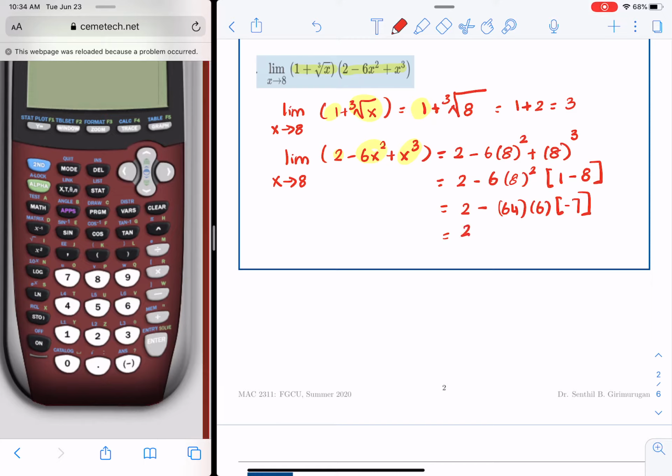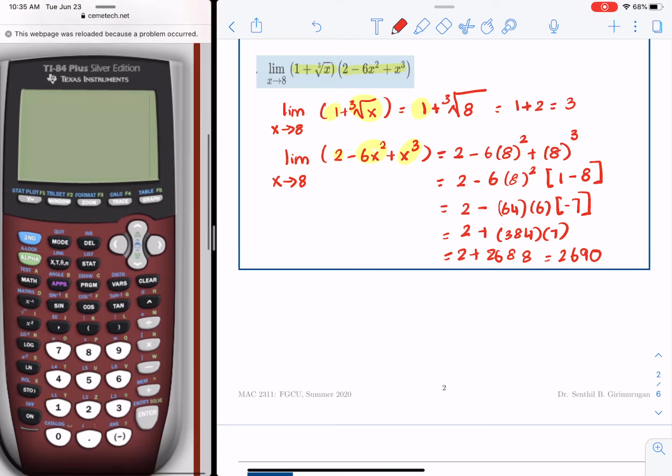We could use a calculator here naturally, but let's just verify this with the calculator. I don't want to confuse you.